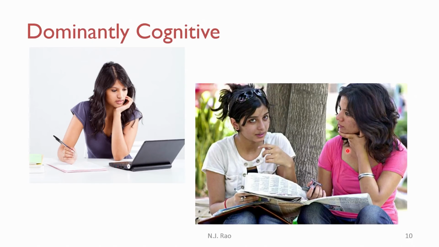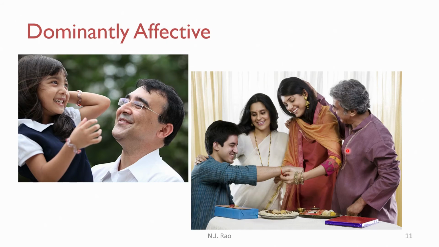And one can look at dominantly cognitive experiences. That means you pay less and less attention to the other two. You can also consider this as dominantly affective. The main thing that you can see through these pictures is expressing and demonstrating emotion and affection towards each other.